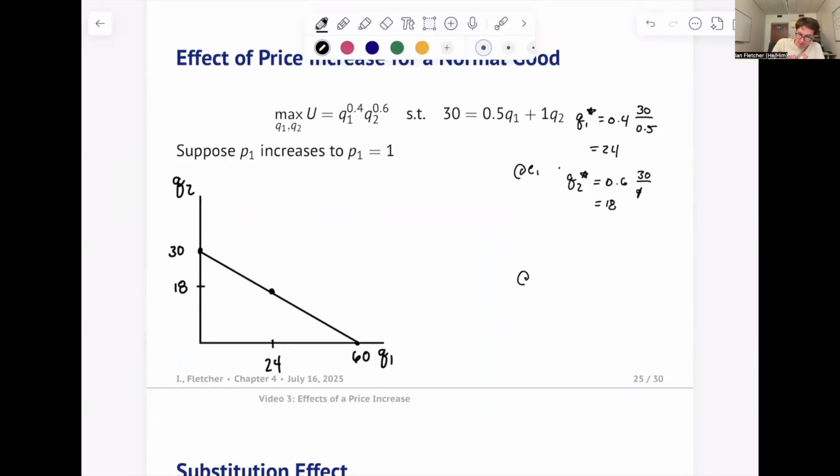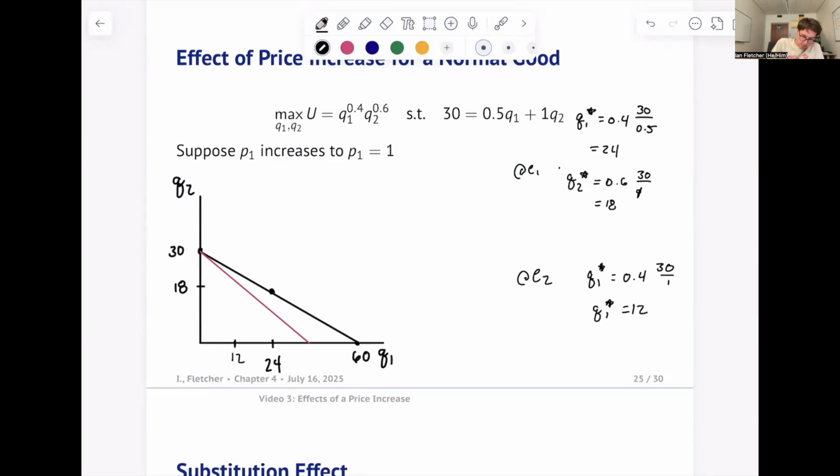So now suppose that P1 shifts from 50 cents to $1. So it is going to cause a reduction this way. Then Q1 star is now 0.4 times 30 over 1, or 12.